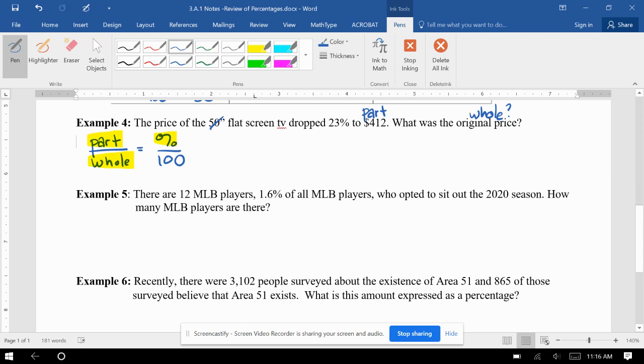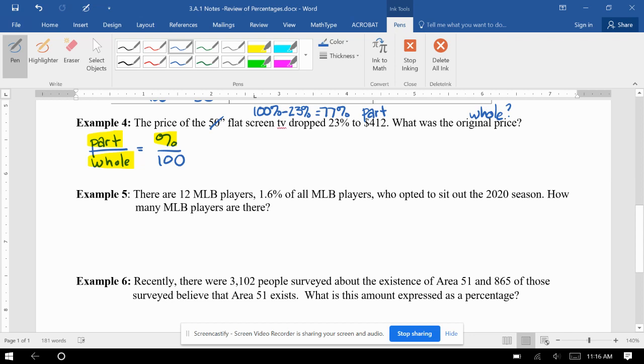And then we also know the percent. This is where I actually messed up because I wasn't paying attention. If it's gone down 23%, well, that means that it is now 77% of what it used to be, because 100% minus the part that was taken off means it's now 77% of what it used to be.